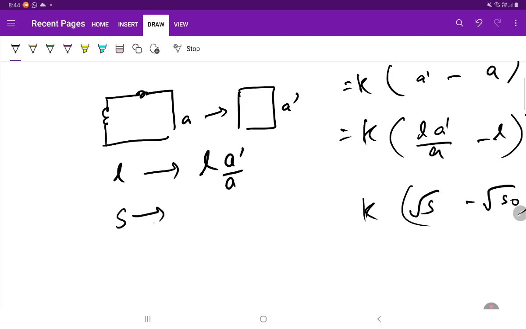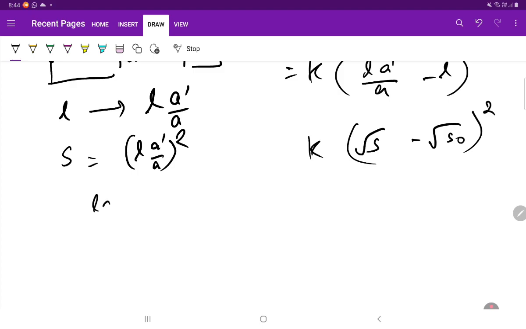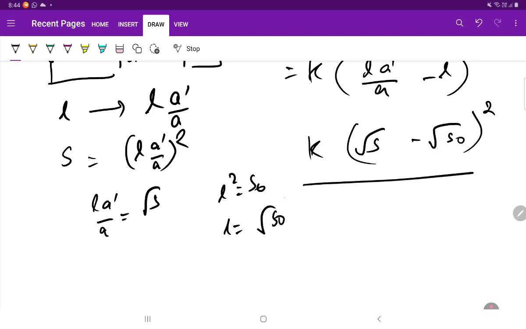So the area S will be L a dash by a, whole square, right? Because it's a square mesh. Hence L a dash by a will be root S. Similarly, L square is equal to S naught, so L will be root S naught. This is the expression of the final potential energy, right? Hope you get it.